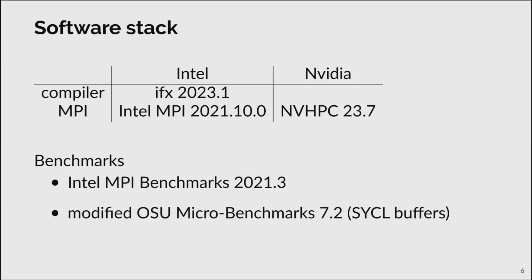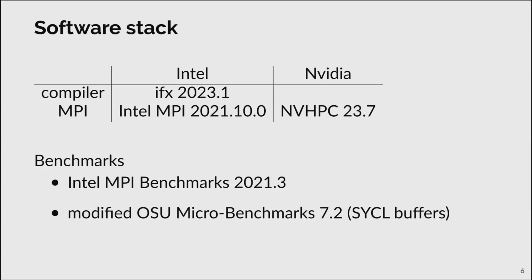On the NVIDIA side, we didn't compile the OSU benchmarks ourselves. We just used the one version distributed with NVIDIA HPC toolkit, because it was easier and fastest. So I don't know which compiler they used, but it is the one with this version of NVIDIA HPC toolkit.